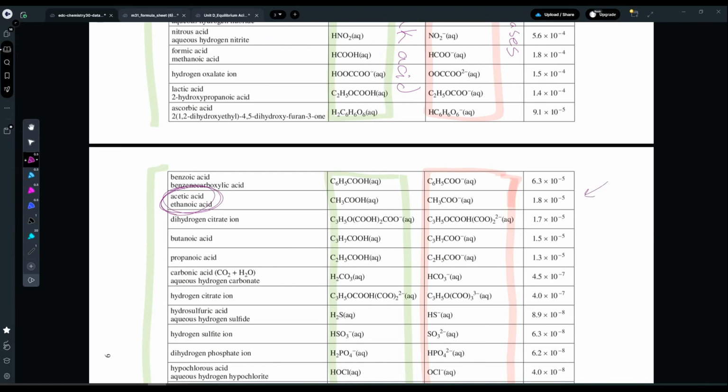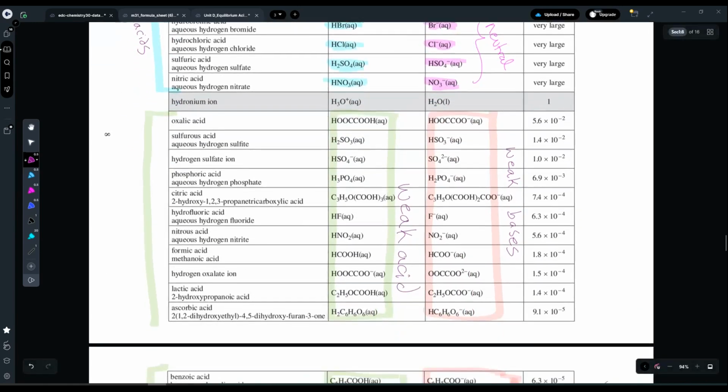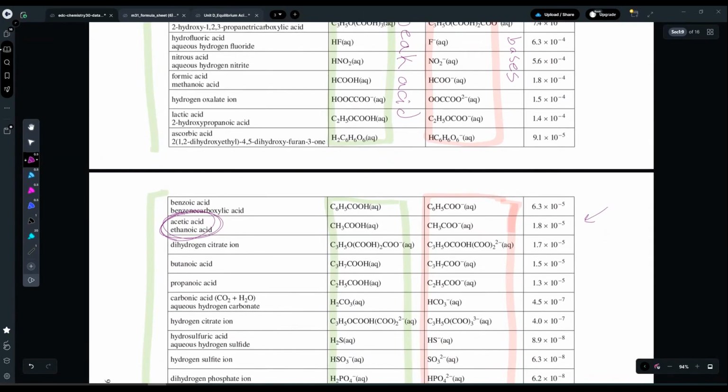Now, in this last row, that's going to be all of your Ka values. So this table only contains Ka values. It does not contain any Kb values or any equilibrium constants for weak bases. So that's an important thing to know when looking at this table.